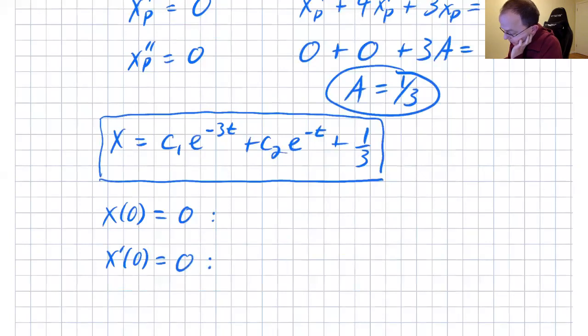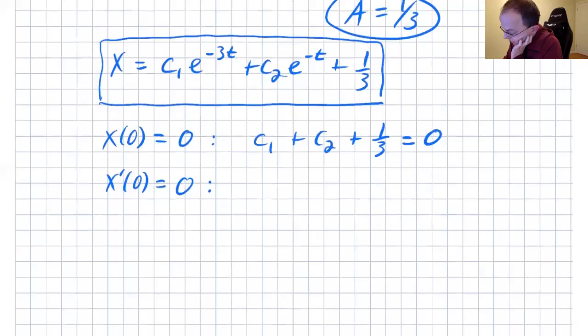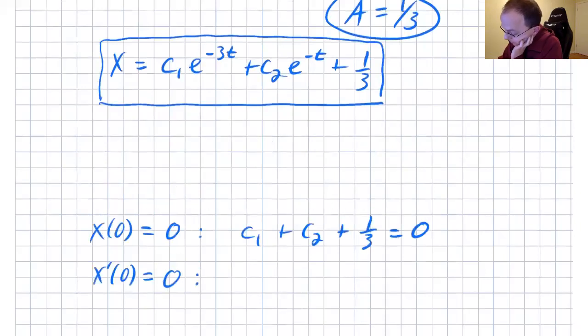Okay, so we have C1 times 1 plus C2 times 1 plus 1/3 equals 0. And we have, oh, I forgot to take the derivative. One second. X prime equals the derivative, plus 0.